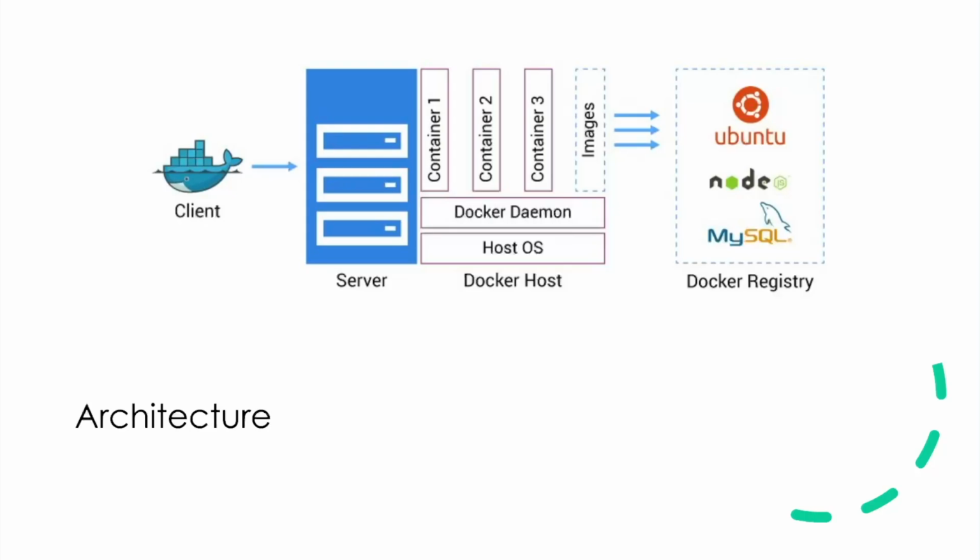Okay, next is containers. You see different containers here. Containers, I have already told you in the previous video, are lightweight, isolated environments where the applications run. In this diagram you will see there are three containers running side by side on the Docker host.